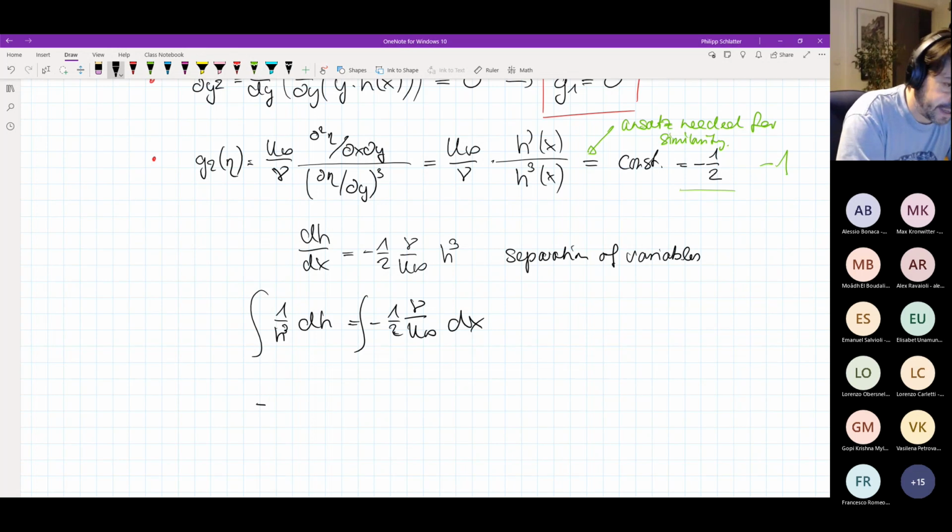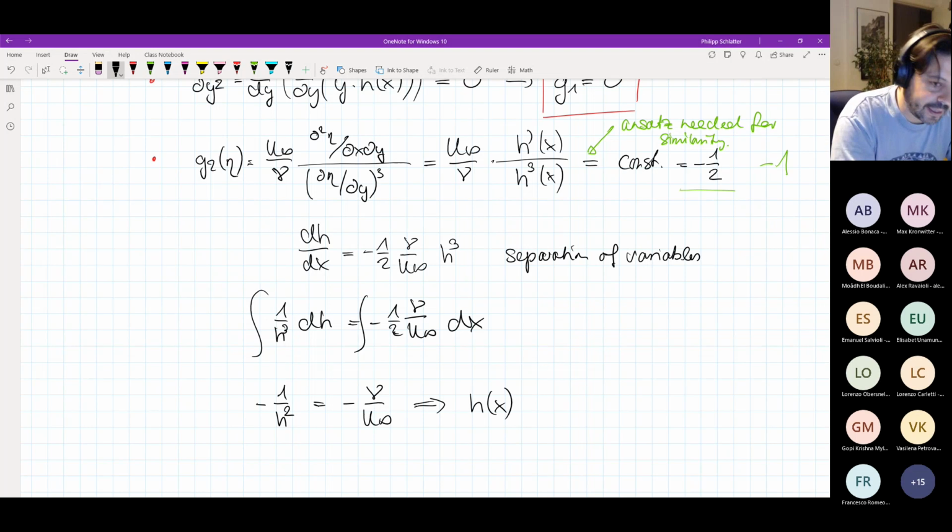I can now perform this integral. I get -1 divided by h squared, which is the same as minus nu divided by u infinity times x. Yeah, the factor of -1/2 has now gone away. And if I'm solving that, I get h of x being the square root of u infinity divided by nu times x.